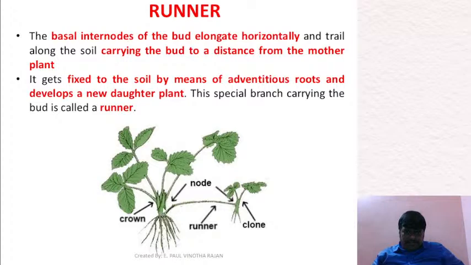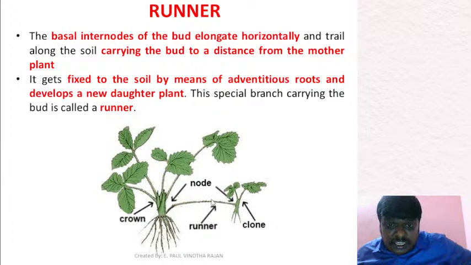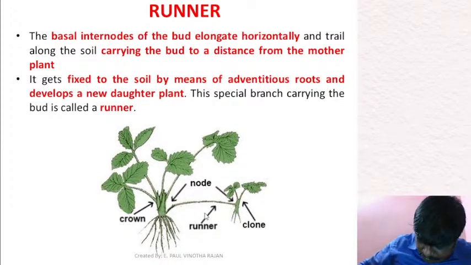From the basal internode of the stem, it forms the branches, and that branch touches the ground, forms a leaf and adventitious roots, and becomes a separate plant. And this branch that moves away from the mother plant, we call it a runner.